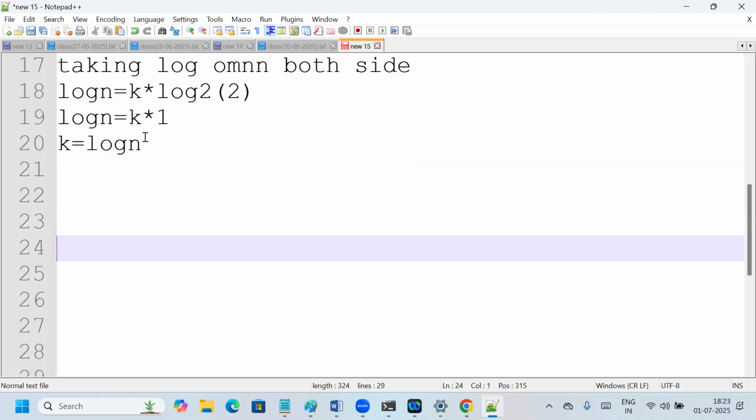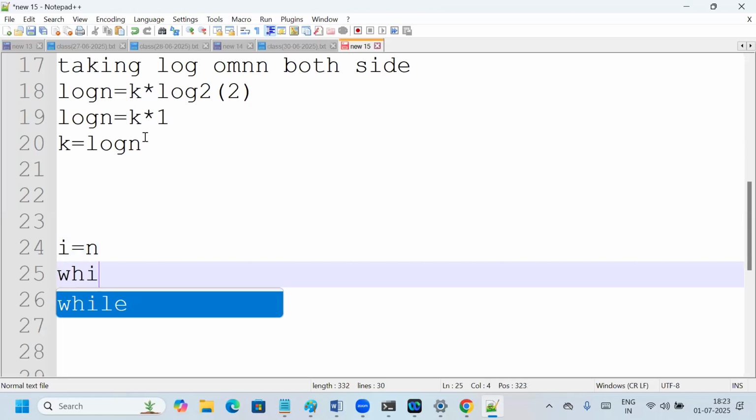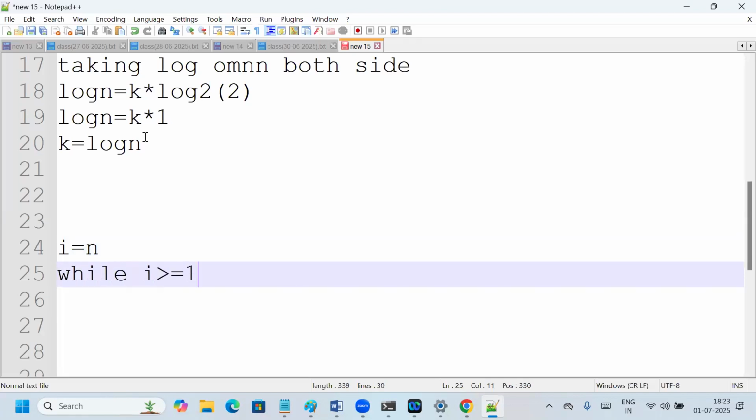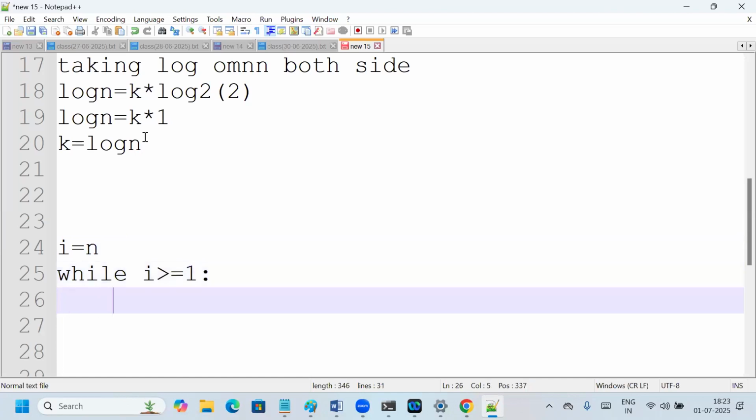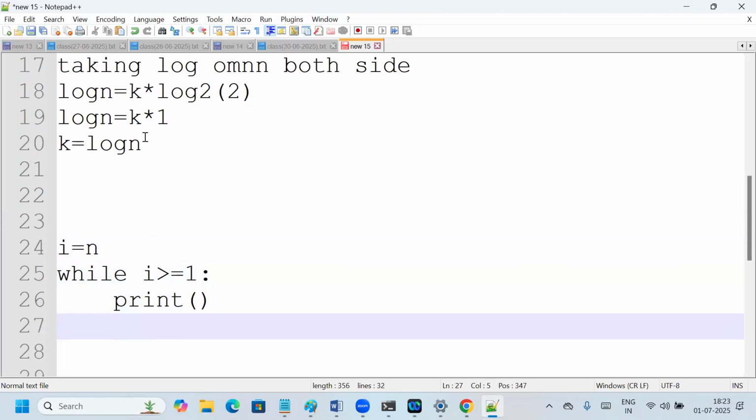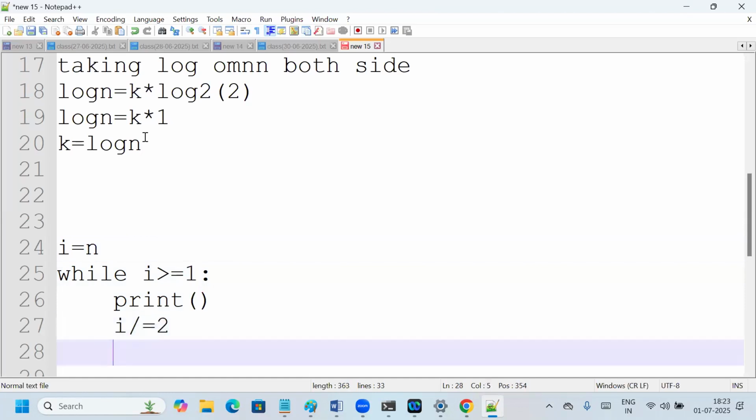Take this example, guys. Print something just to check the number of comparison. See guys, if you have a doubt, always check the number of comparison. That's it. You'll get the answer. So I'm writing i divided equals to 2. Okay.